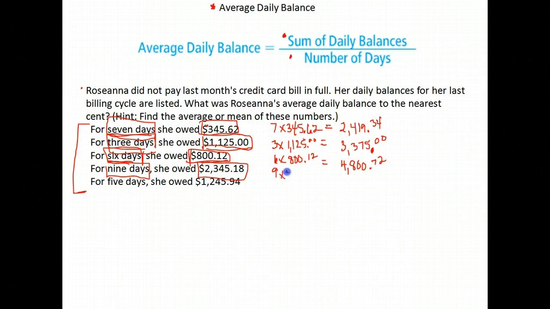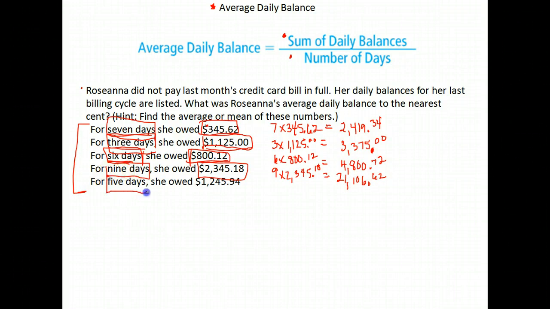Now we have 9 days at $2,345.18. So we're going to go 9 times that to find the sum of those balances. So for those 9 days, it was $21,106.62.